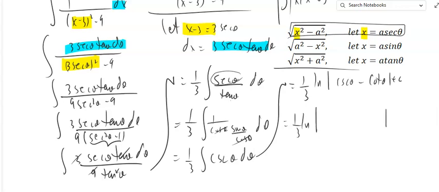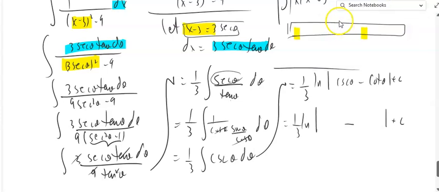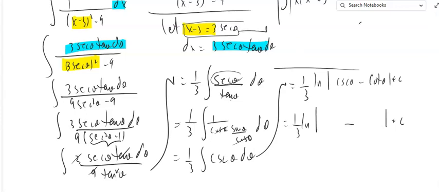Not done, almost there. I need to take this and say, okay, well, let me get this out of the way. I need that space. So that means secant of theta is x minus 3 over 3. Secant is the hypotenuse over the adjacent.